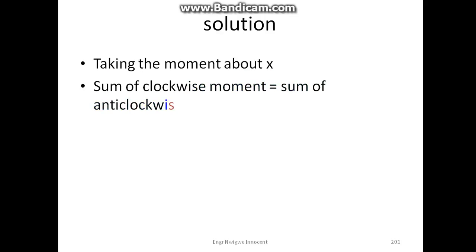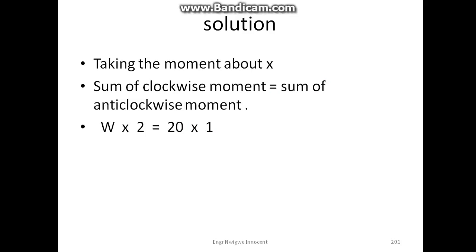Solution. Taking the moment about x, the sum of clockwise moments equals the sum of anticlockwise moments. The weight of the meter rule is pulling the meter rule downwards, which shows that it is a clockwise moment. So the weight of the meter rule times the distance from the fulcrum, which is 2, is equal to the anticlockwise moment.